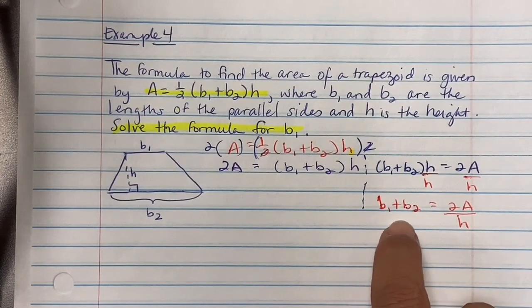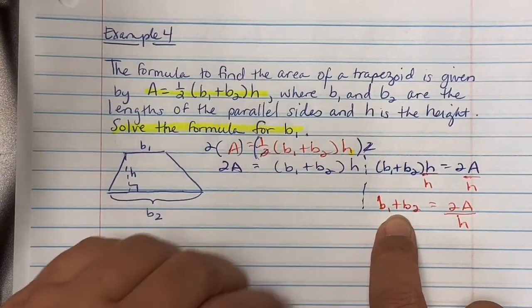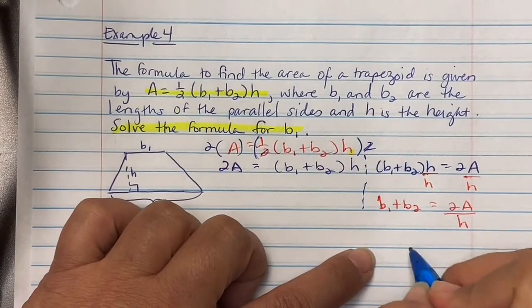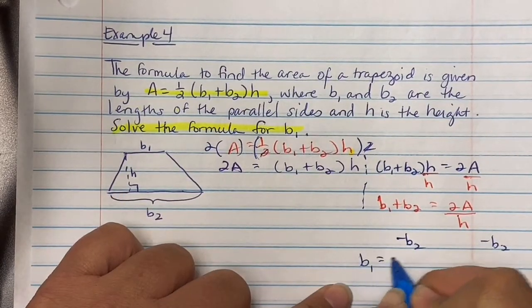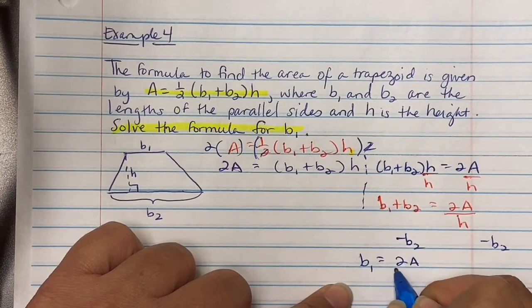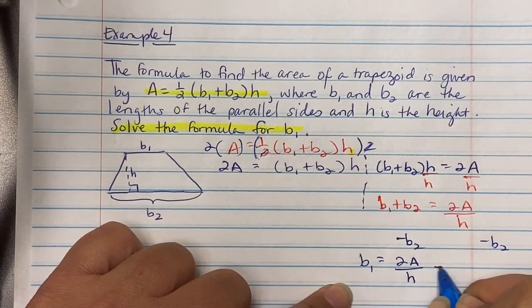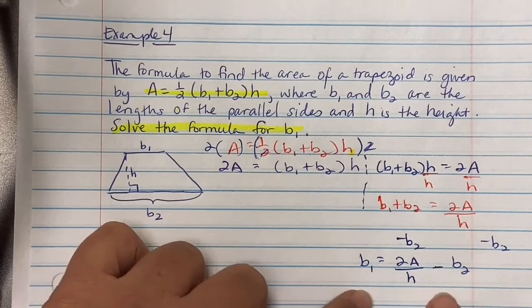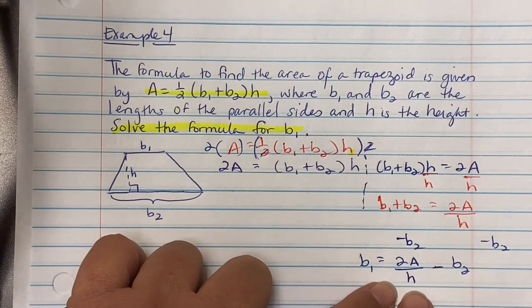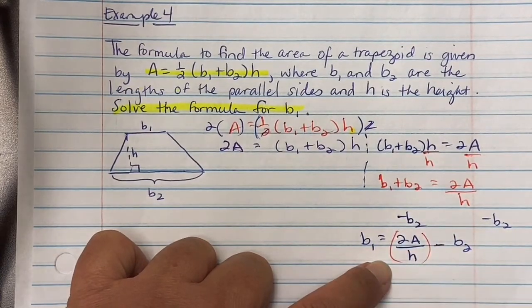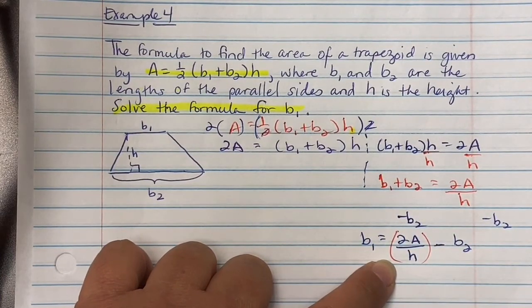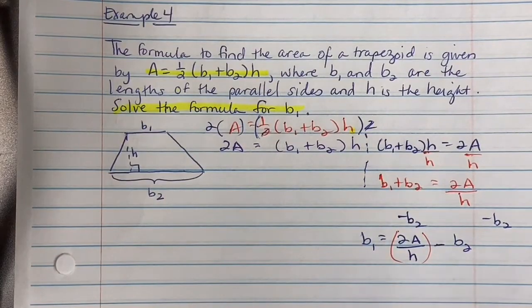Since it's joined to b2 by a plus, I'm crossing that bridge and subtracting b sub 2 over. So b sub 1 is equivalent to 2 times area over h minus b sub 2. The b sub 2 is being subtracted. If you were putting this in a calculator, I would suggest parentheses around the 2a over h before you do the subtraction portion.